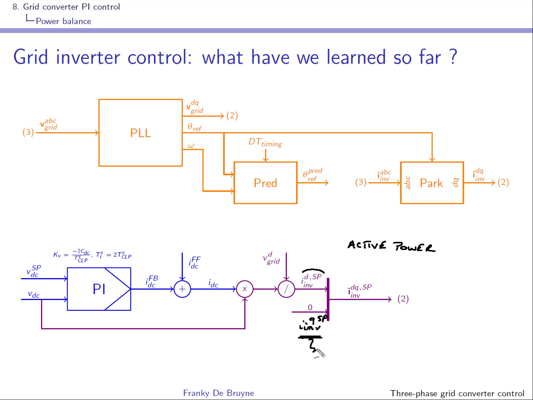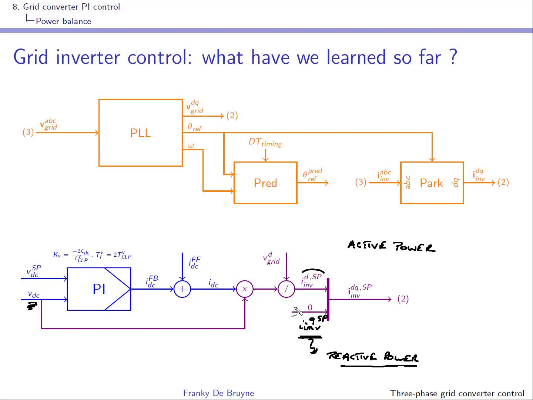So this will influence the reactive power exchanged with the grid, and reactive power will not have any influence on the DC bus voltage.